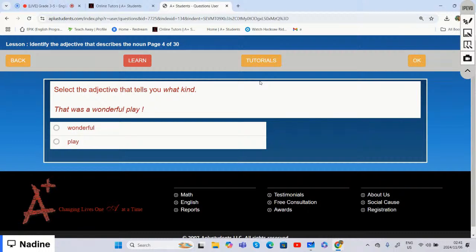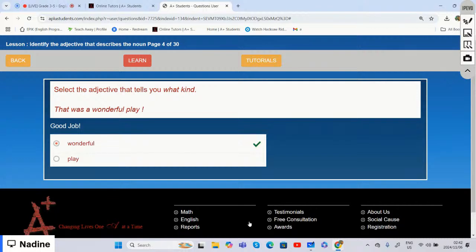And if we were to choose our adjective, then we would choose option one, yes, because it will tell us what kind of play. It is a wonderful play. So well done.